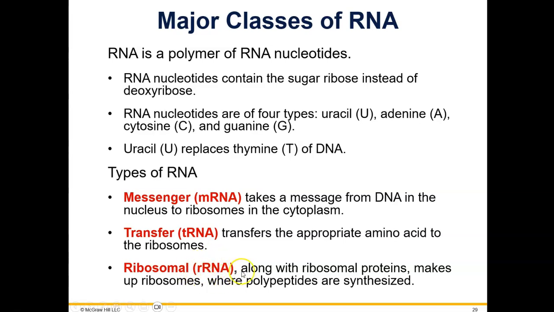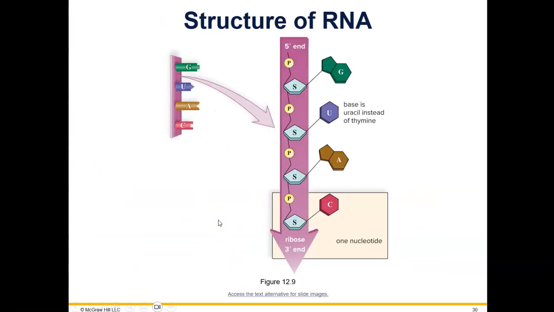There are 2 that form the 2 ribosomal subunits which make up ribosomes. And then there is transfer RNA, and that actually transfers the amino acid to the ribosome, to the correct spot where it belongs in the protein. And it is determined by the code in the messenger RNA.